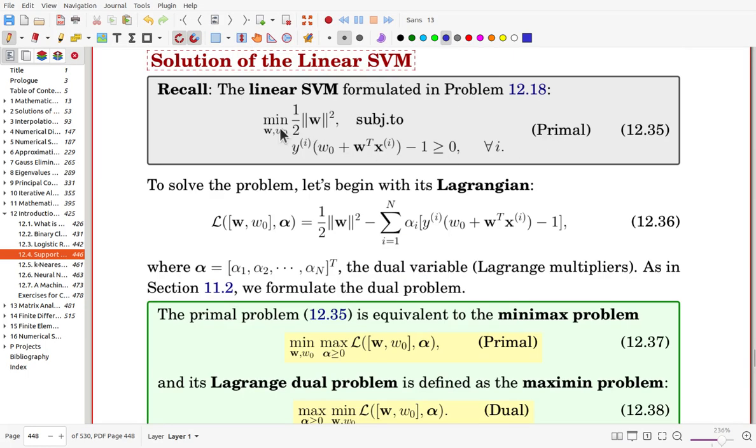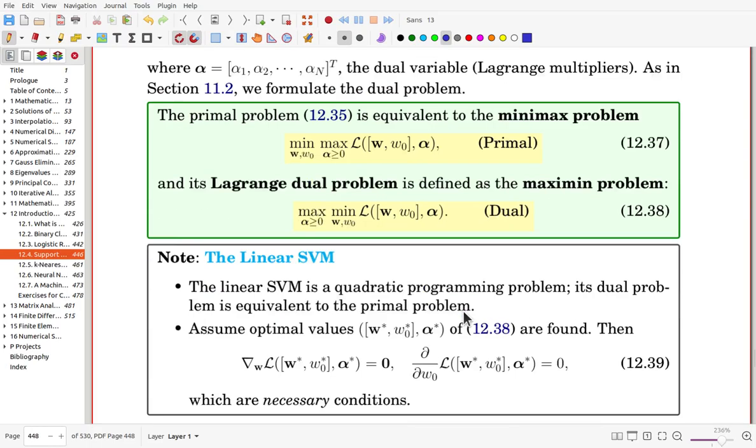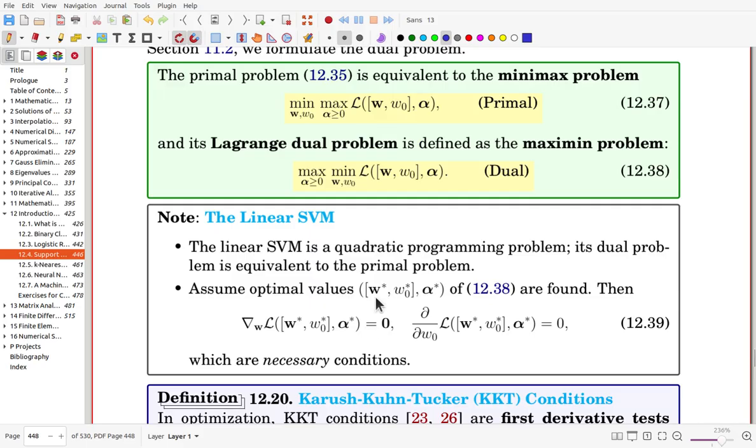Look over there: the objective function is quadratic and the constraints are linear inequalities. So it is a kind of quadratic problem. When we deal with this quadratic problem, the dual formulation is quite effective and always produces the same solution. Okay. Now we focus on this portion first.